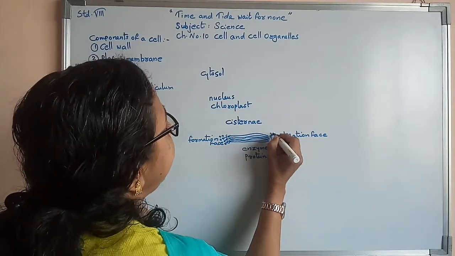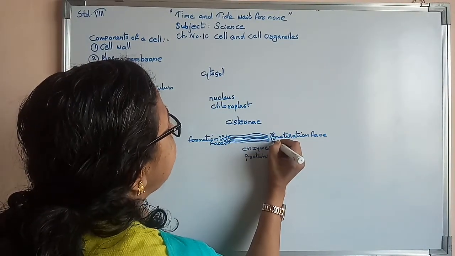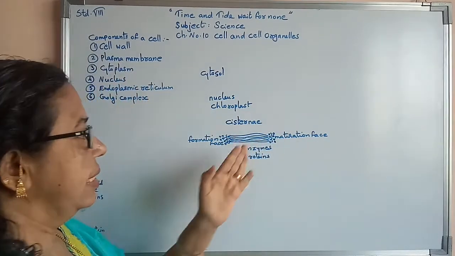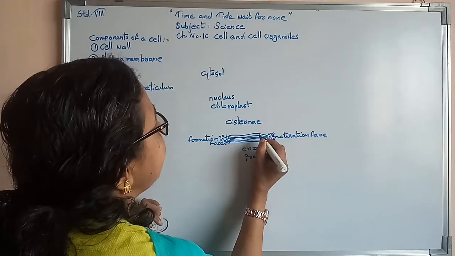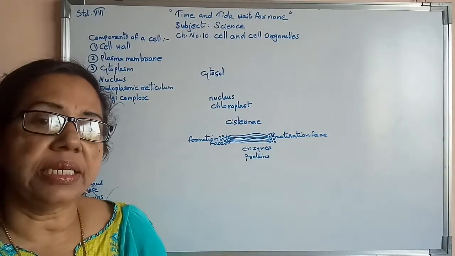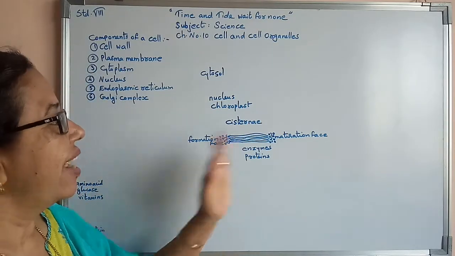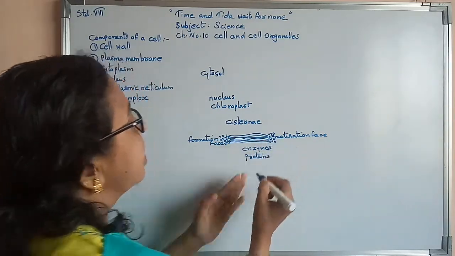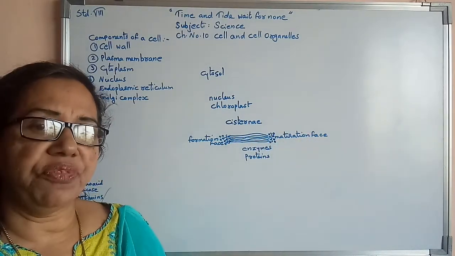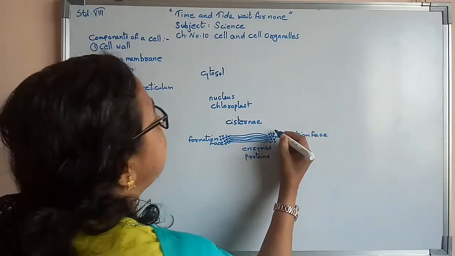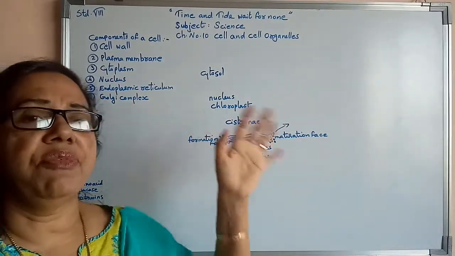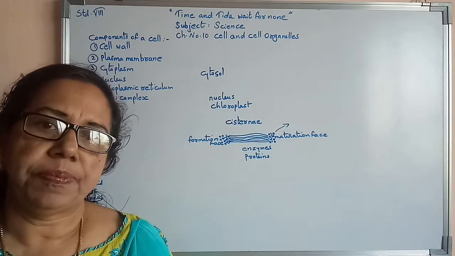Here again vesicles will come and collect the product which is formed as a result of the chemical reaction, at the maturation phase, and they distribute the nutrients to each and every part of the cell.